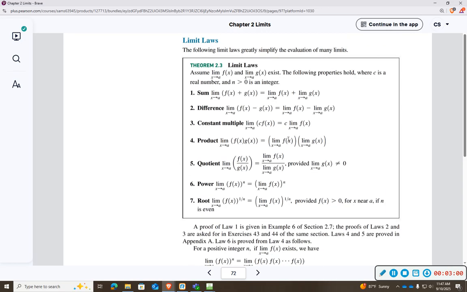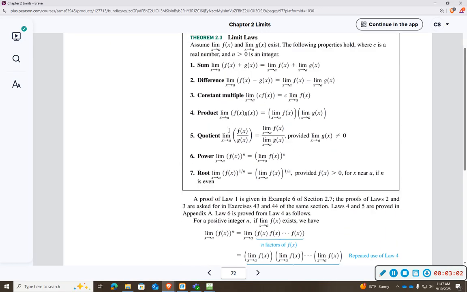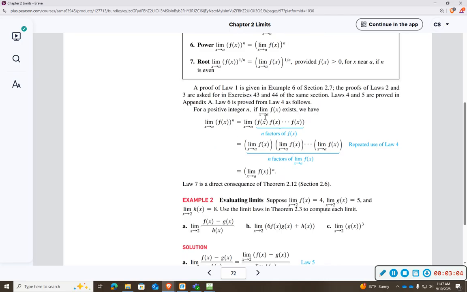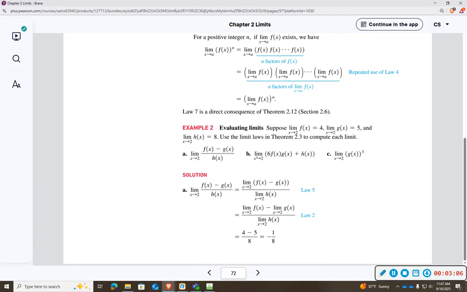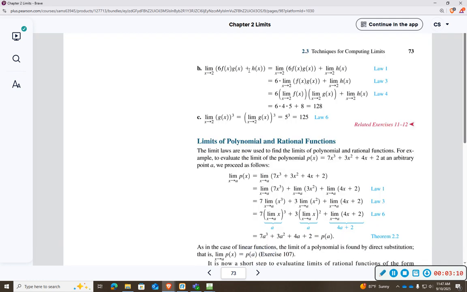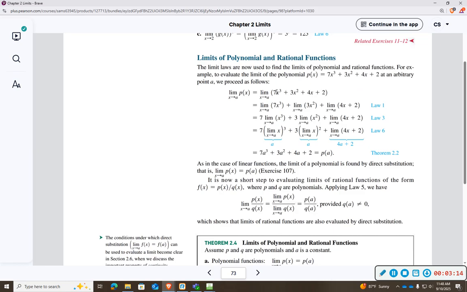So these laws apply when evaluating limits, and then you go through a series of examples and they show you step by step how some of this works. And then we start going into polynomial and rational functions.